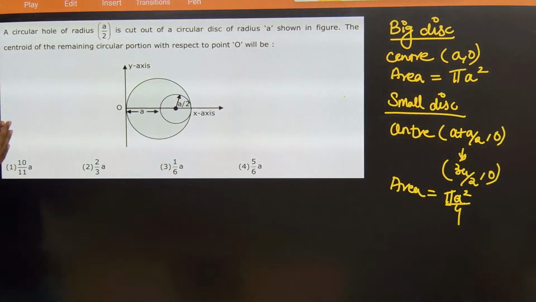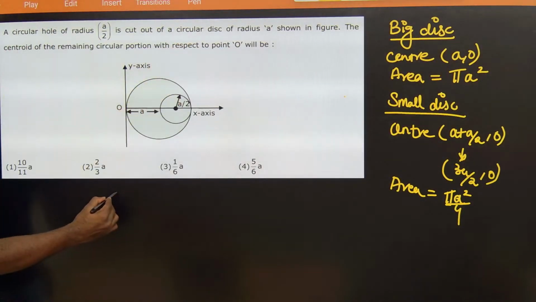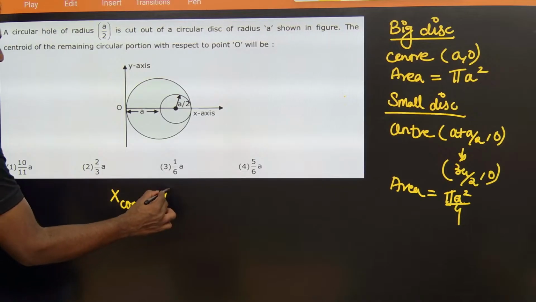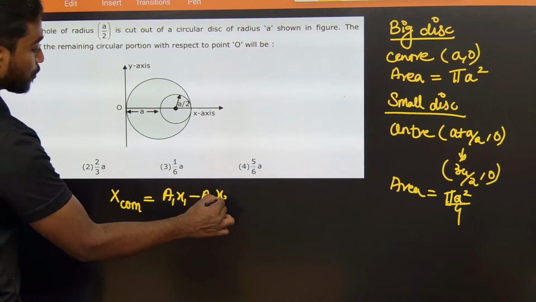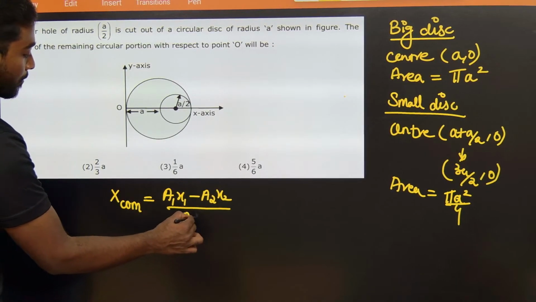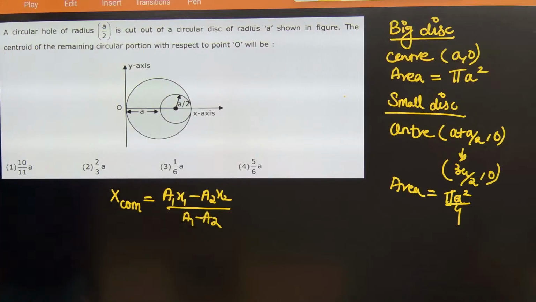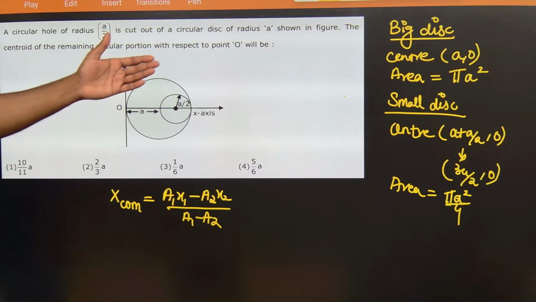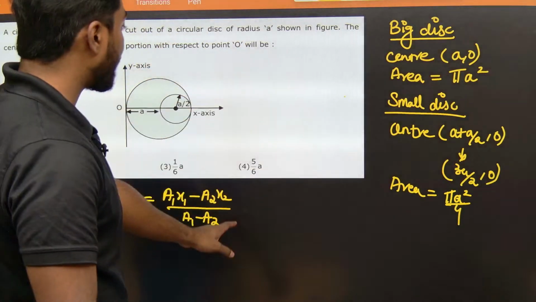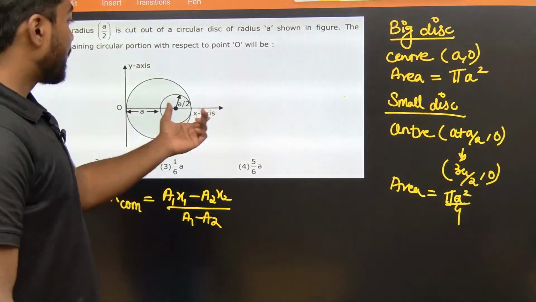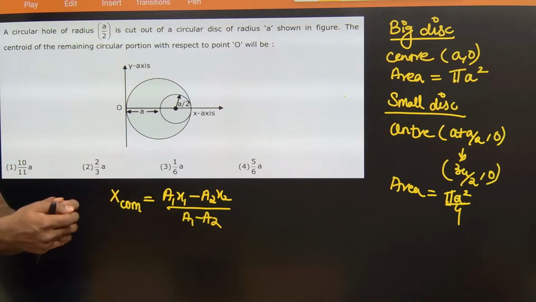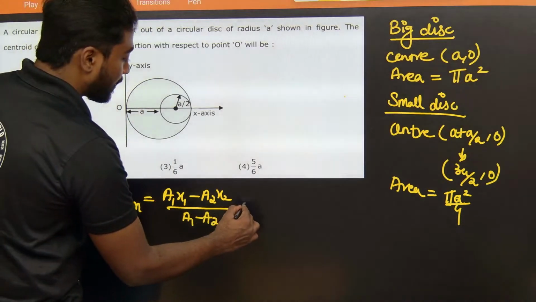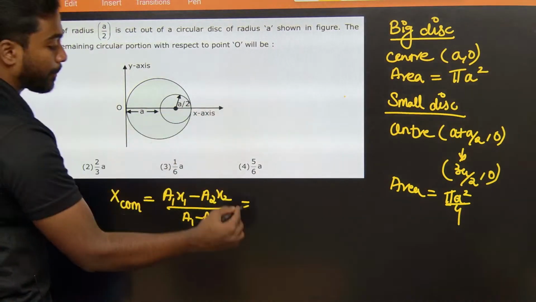Now the x center of mass will be equal to (a1 x1 minus a2 x2) divided by (a1 minus a2). x1 is the center of the big disc, and x2 is the center of the small disc, which I am taking out, so minus.